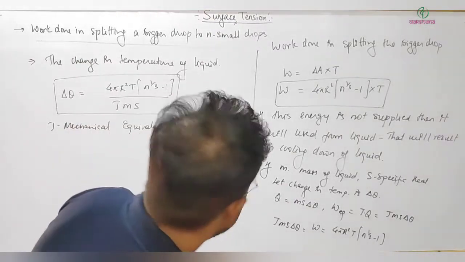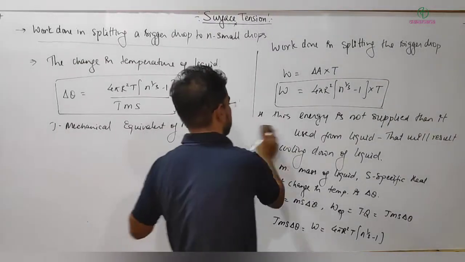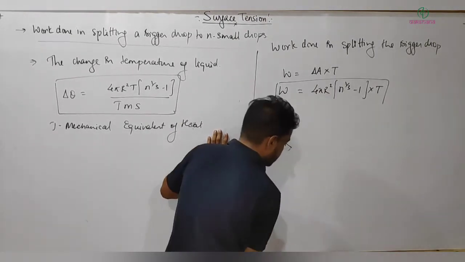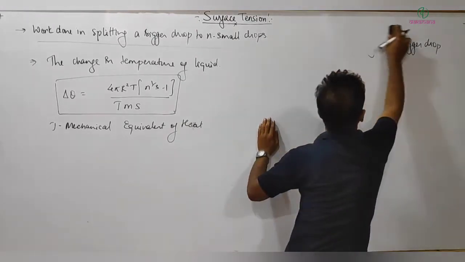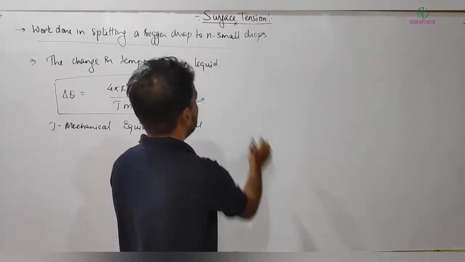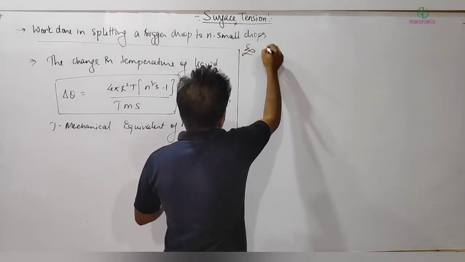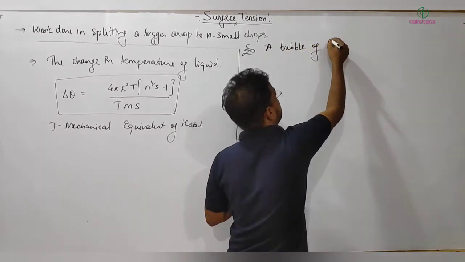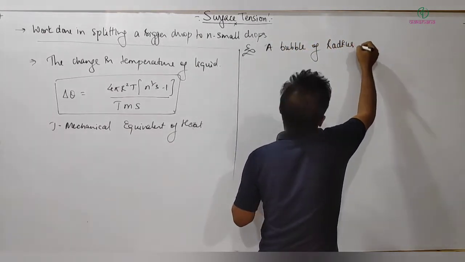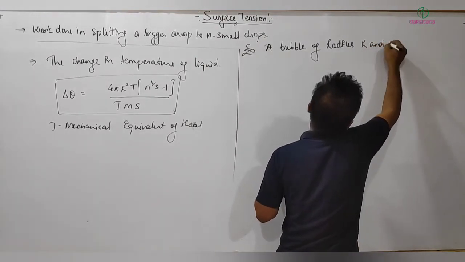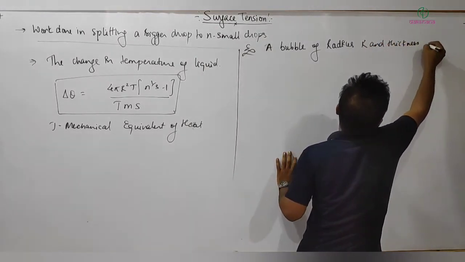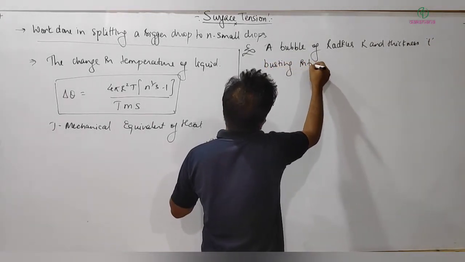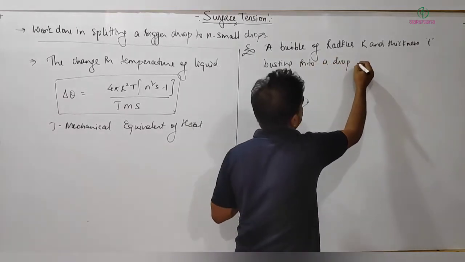Let me consider another case where we have a bubble of radius r and thickness t, and it is bursting into a drop.